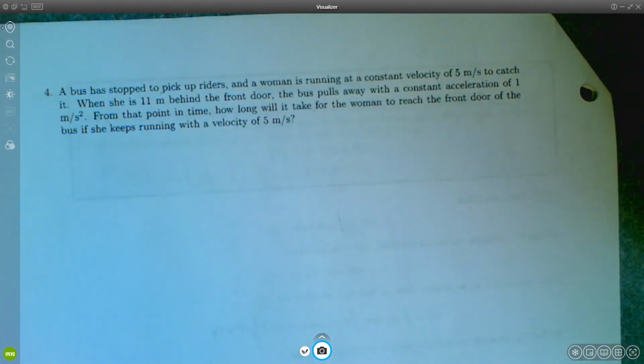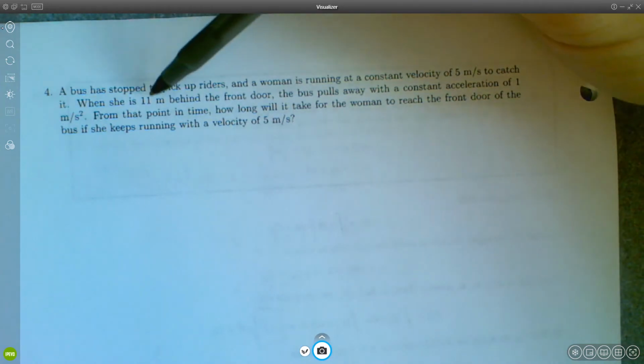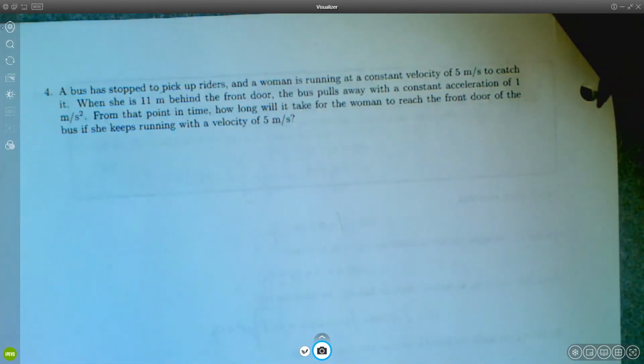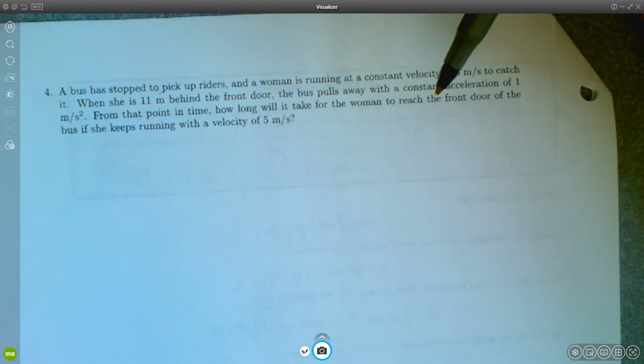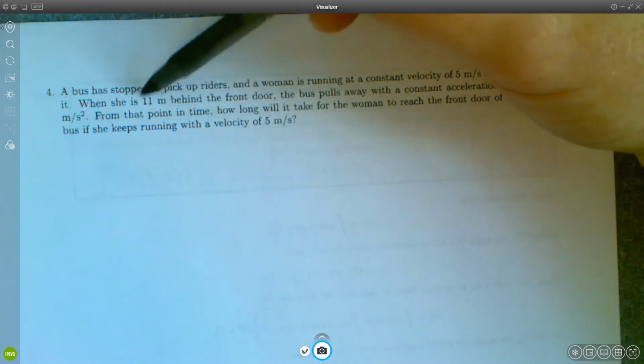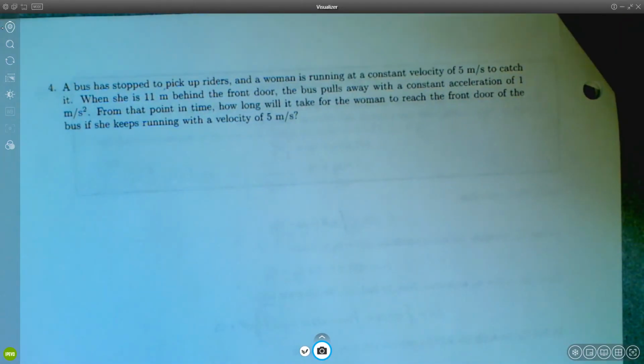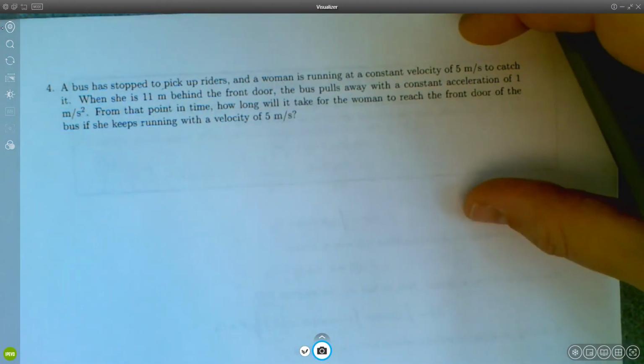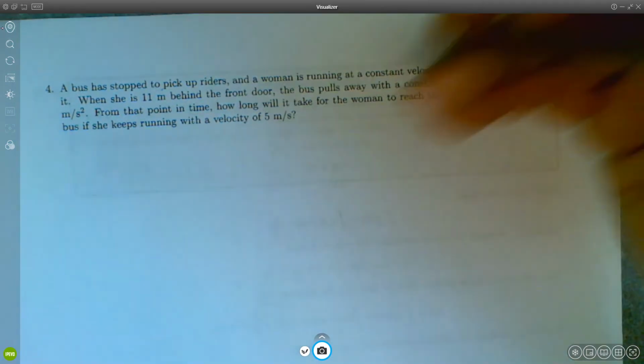Okay. So what I'm going to do is say at this instant when she's 11 meters behind the front door of the bus, that's time 0, and the bus's position at that time is also 0. Which means that her position at time 0 is -11, I suppose. But she's going to have to travel a certain distance, right?